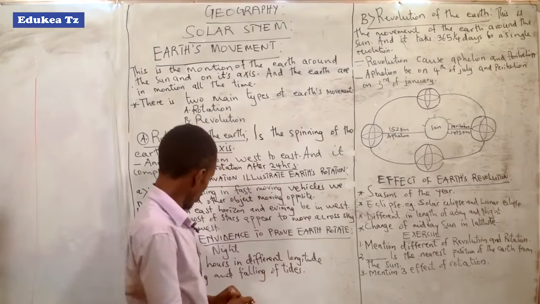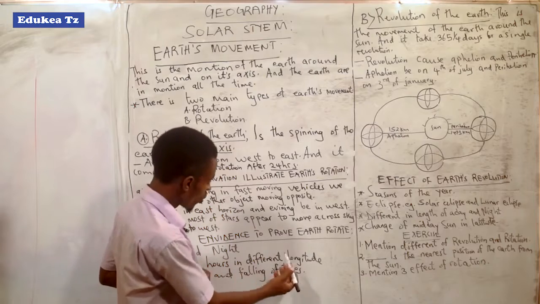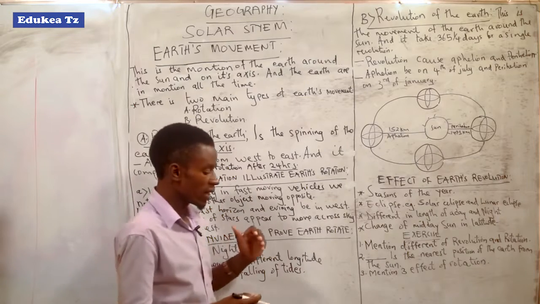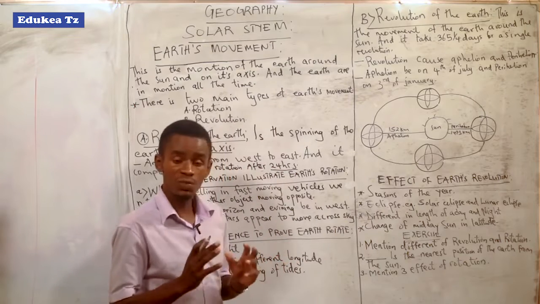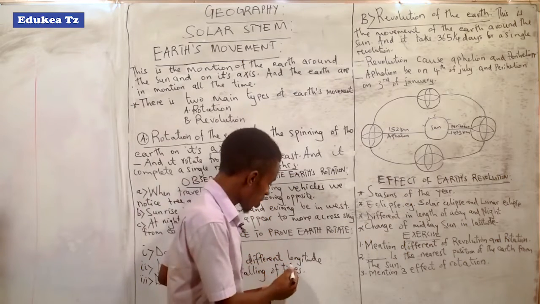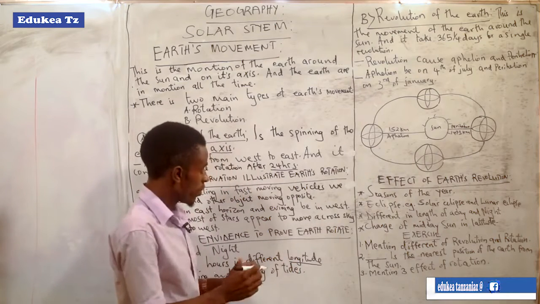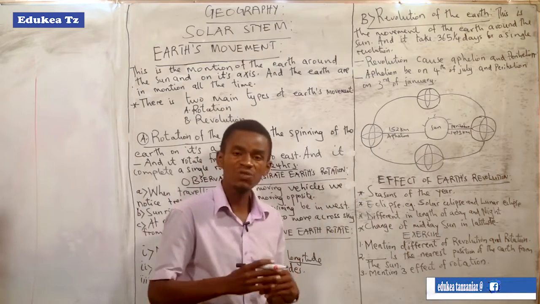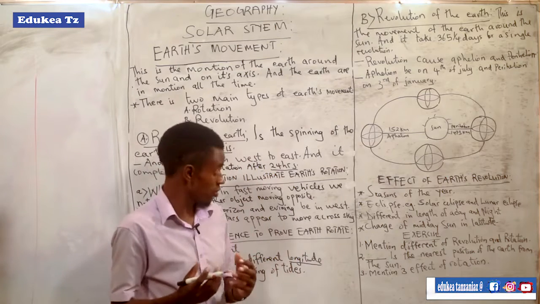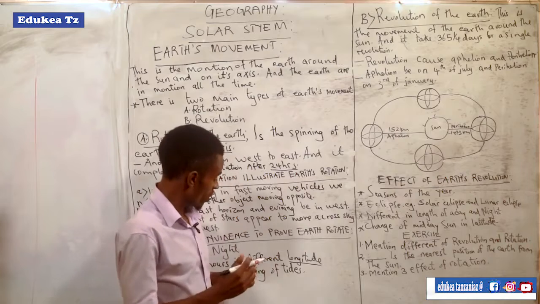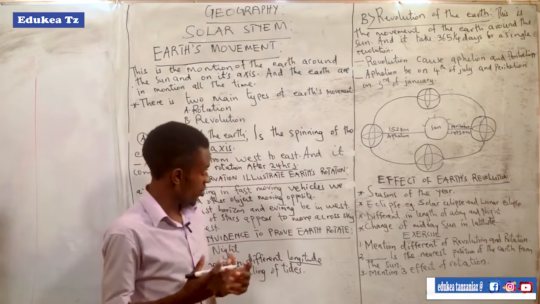So day and night is real evidence that shows that the Earth is rotating. Let's come to another evidence: different hours in different longitudes. Different places have their own time, especially those located at different longitudes. The time at 15 longitude is different from the time for people at 30 longitude.